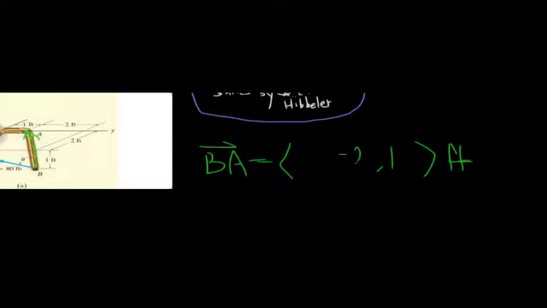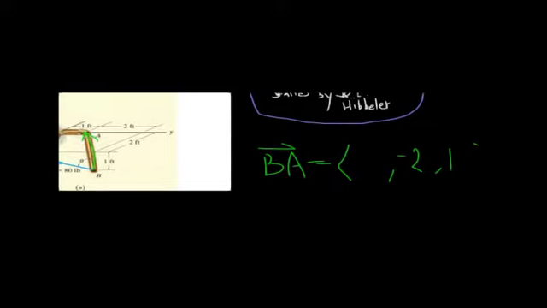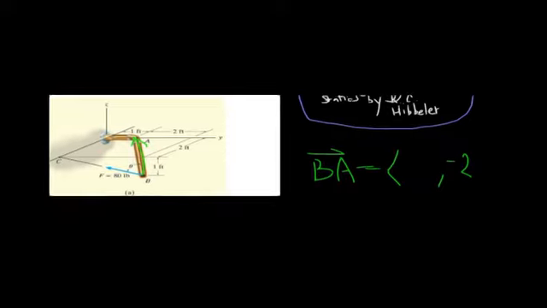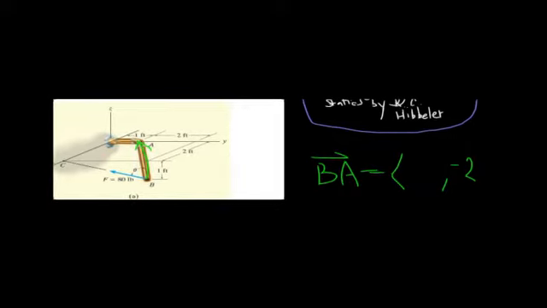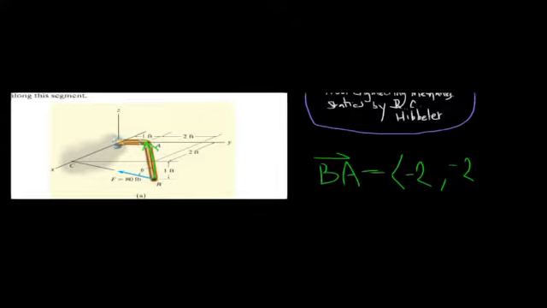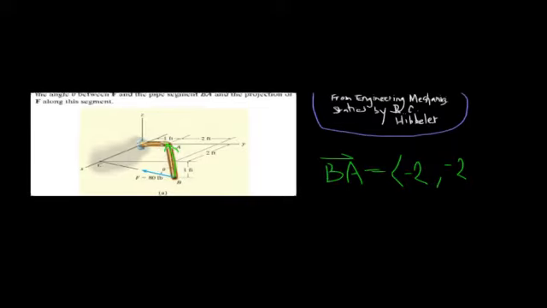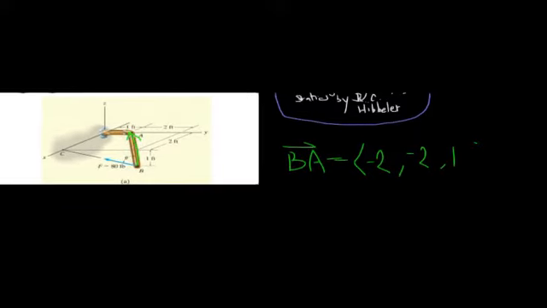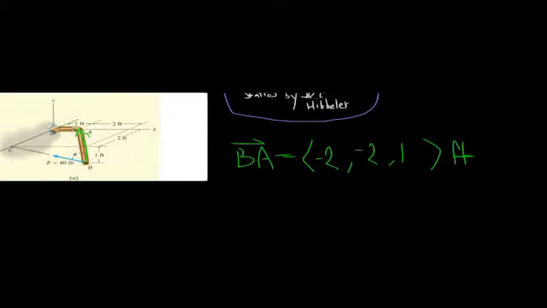So -2 for the y component, and it went back 2 in terms of the x-axis, so -2 for the x component. Alright, so that's BA.